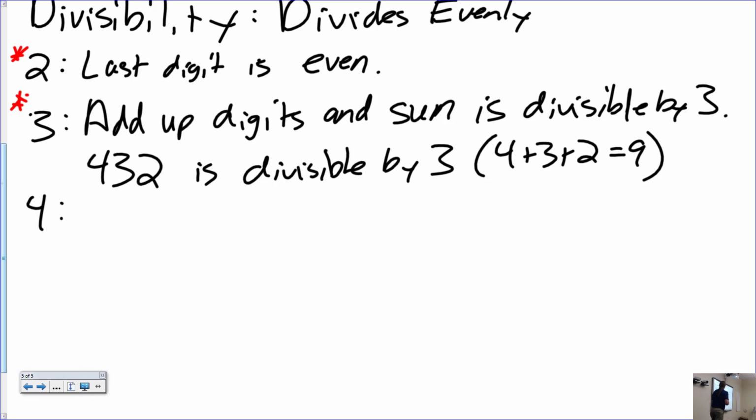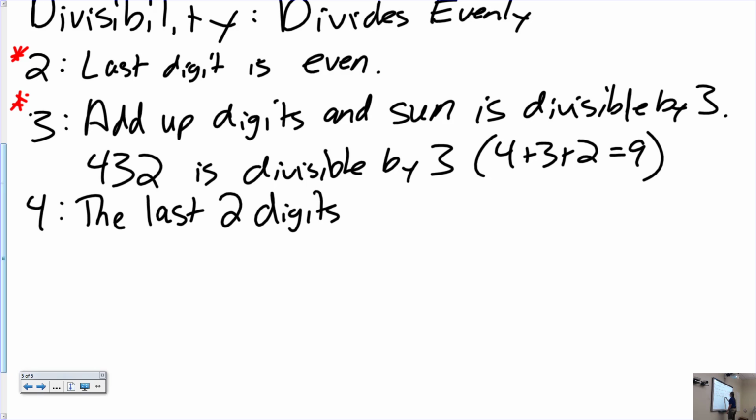Okay? The way to determine if a number is divisible by 4 is if the last 2 digits are divisible by 4. Just the last 2 digits.